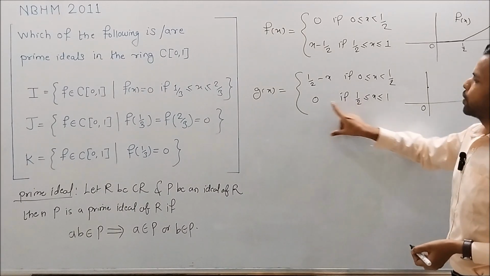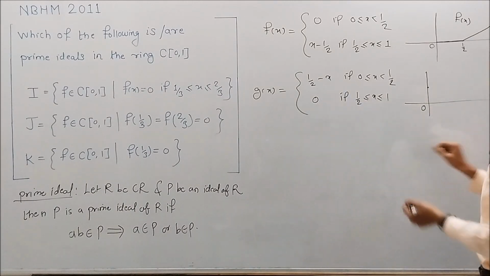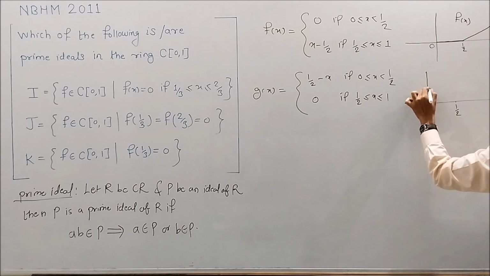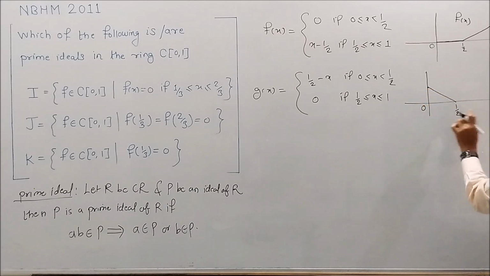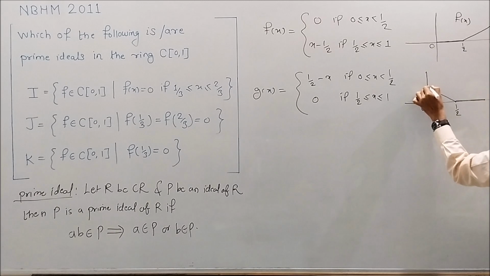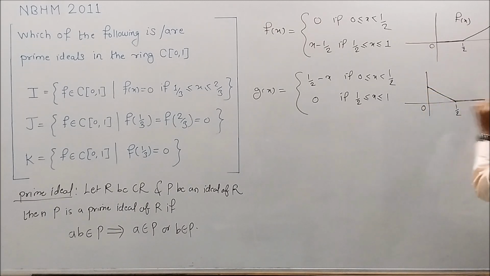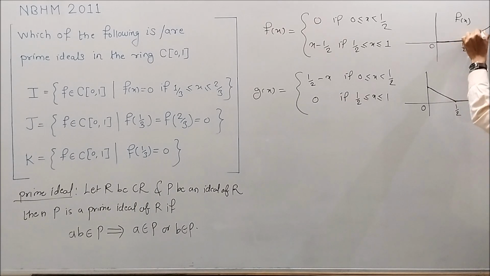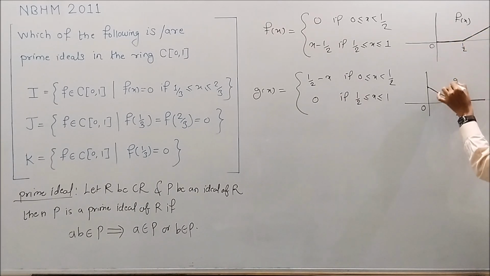At x = 1/2 it takes the value 0, so its graph looks like this. After 1/2 it takes the value 0. This is the graph of g(x).